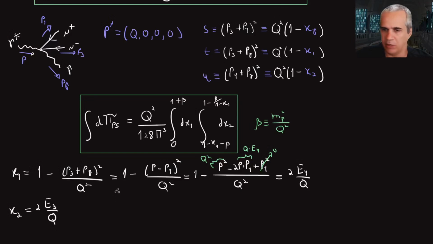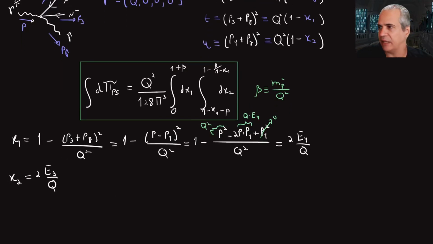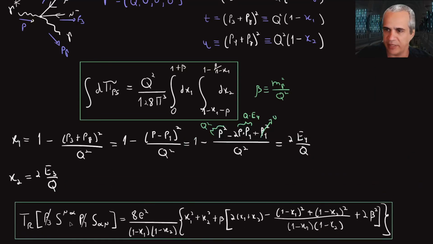And you can show, again, pretty easily in that reference frame and using these expressions, that the trace we want to calculate can be written in this way. You see, again, I'm writing everything in terms of x1, x2, and beta, which is my infrared regulator here, right?